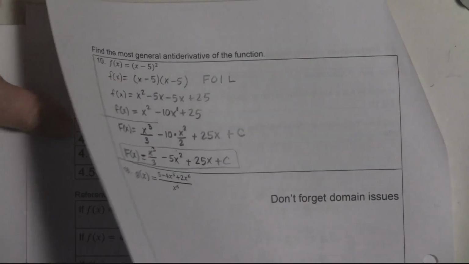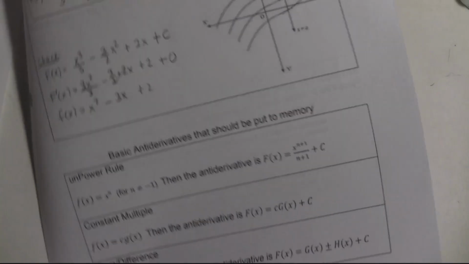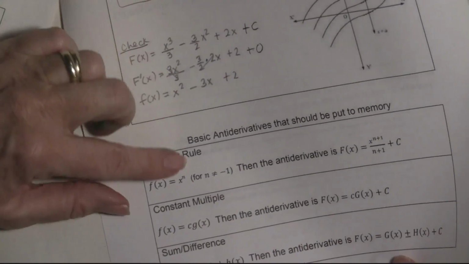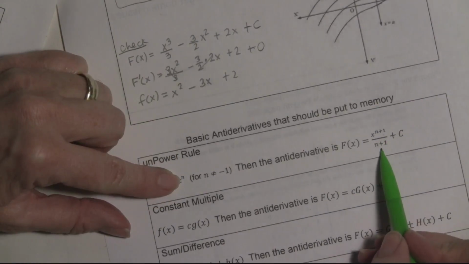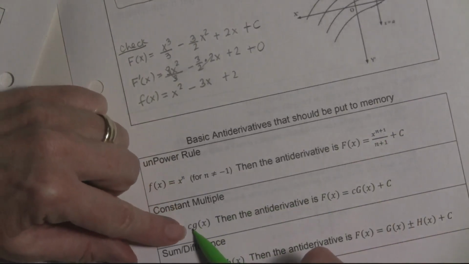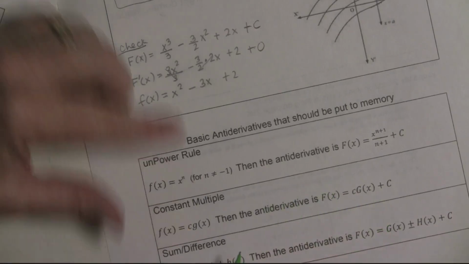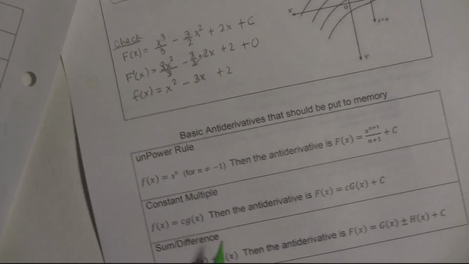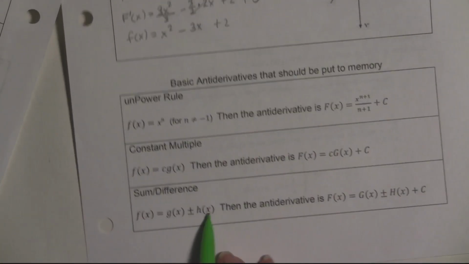We used the power rule, where we added 1 to the exponent and divided by the same darn thing. We put the constant out in the front and then found the antiderivative of the function. And we had a string of adds and subtracts, and we just found the antiderivative of each piece.